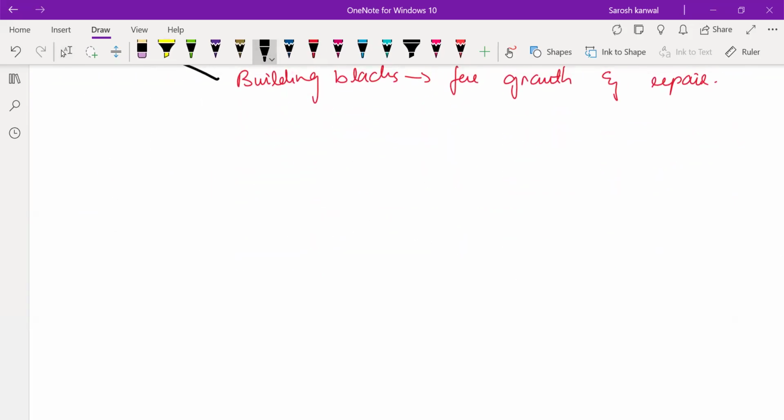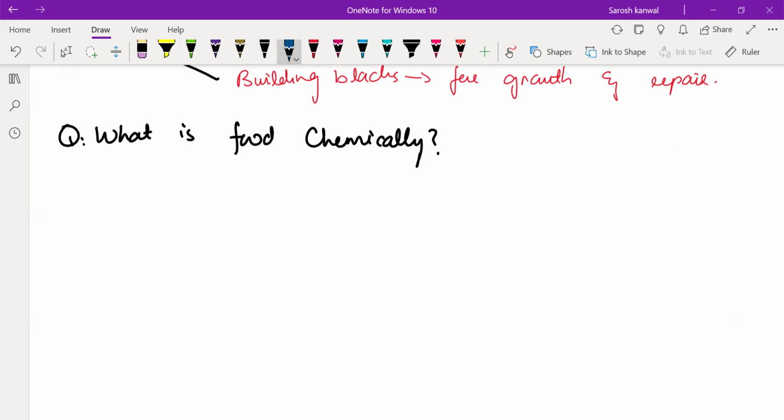Now, what is food chemical? Now, such as carbohydrates.